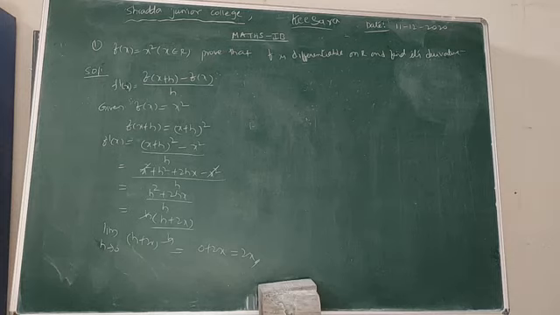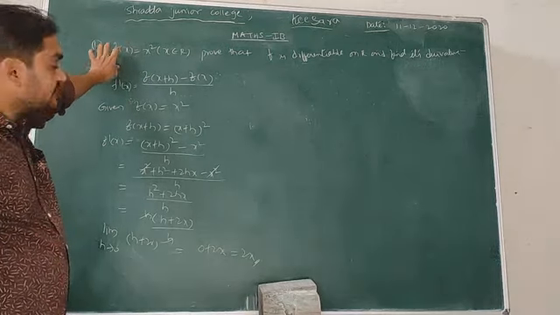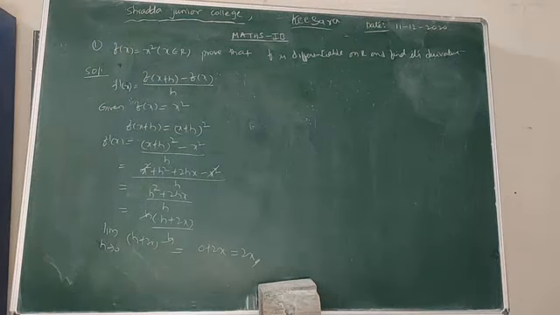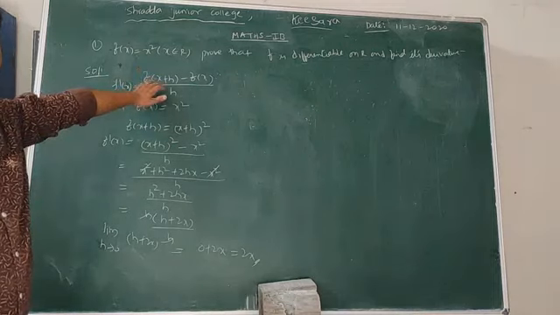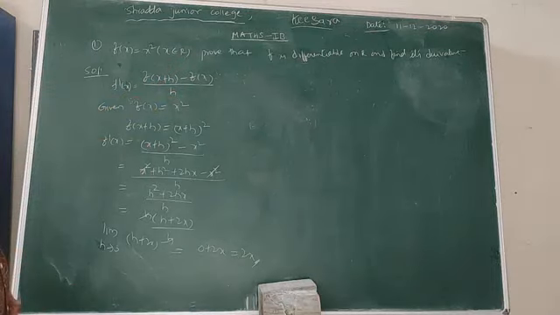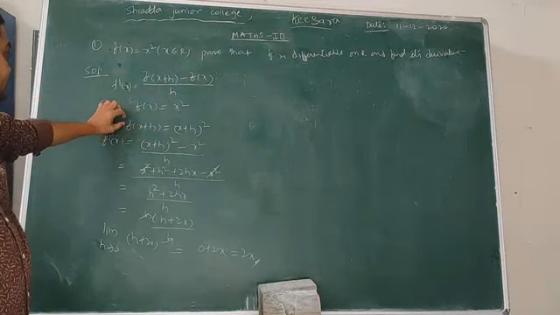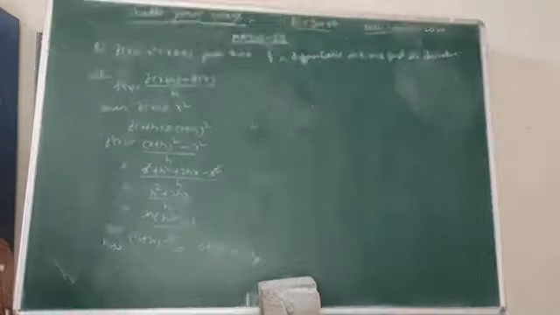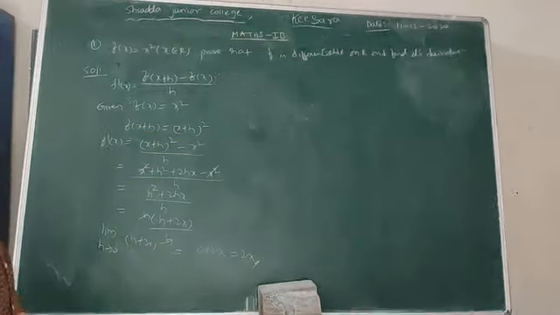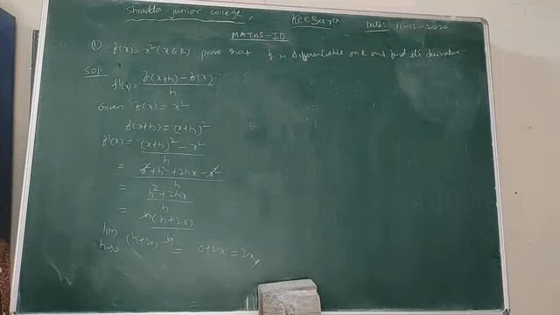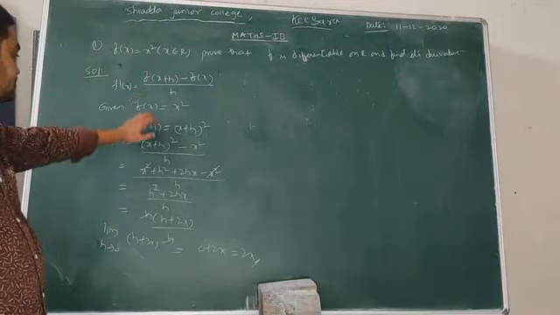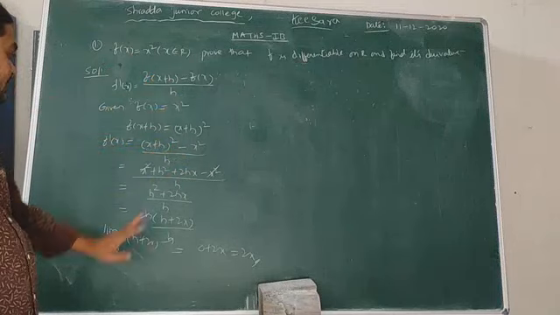By using the first derivative test. And see the reason once again here. What is f of x? That is x square. And what is f dash of x? What is the formula for finding it? f of x plus h minus f of x by h. f of x here is x square. And f of x plus h is x plus h whole square. So f dash of x equals x plus h whole square minus x square by h.